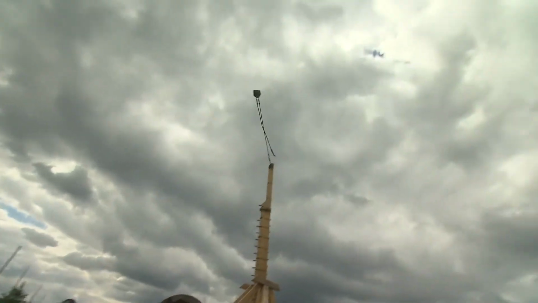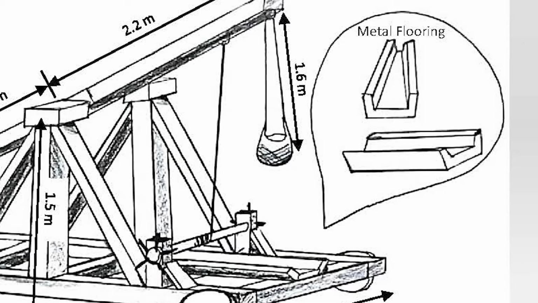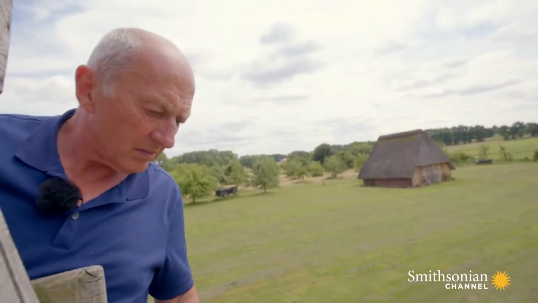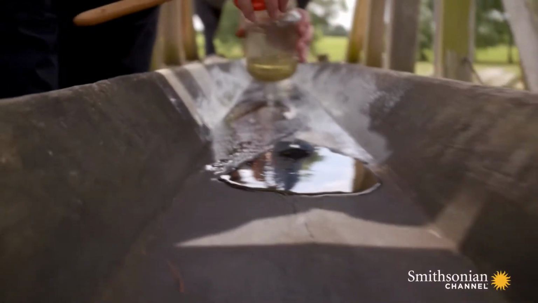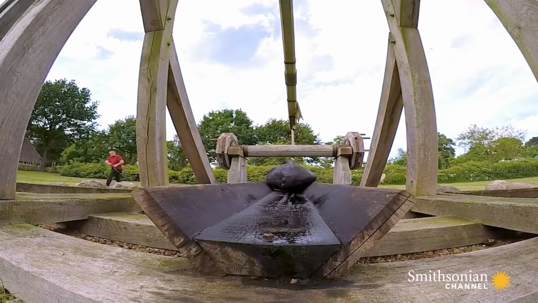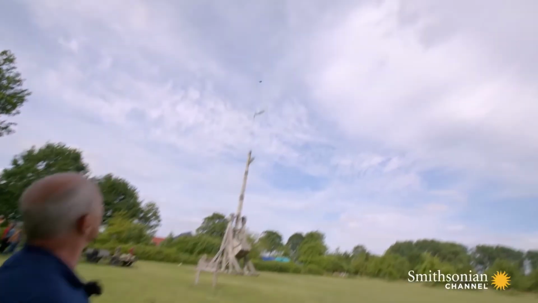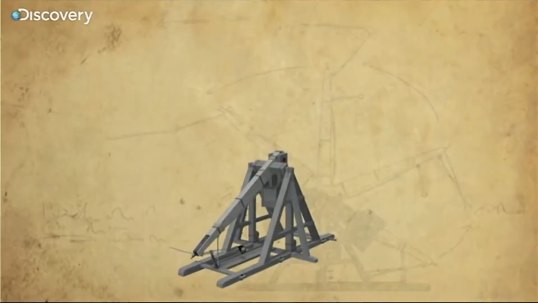Since metal has a relatively small coefficient of friction compared to the ground, having a metal flooring for the projectile to slide on will reduce the energy loss due to frictional force. In addition, we can also apply lubricant on the flooring to further reduce the energy loss. As a result, by conserving the energy in the system with our modifications, we can launch the projectile to a longer range.